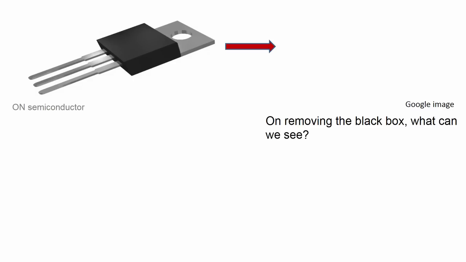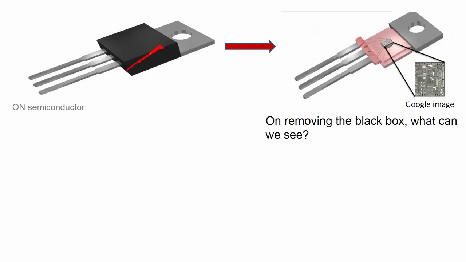I can see that there is a chip and multiple wires that are connected from the chip to the lead using wire bonding. This process of connecting from here to here to here is using wire bonding.